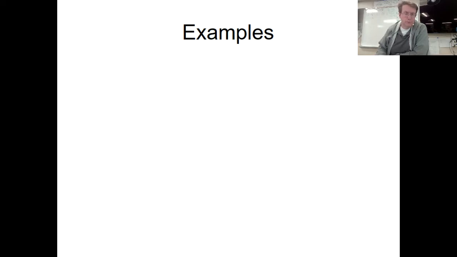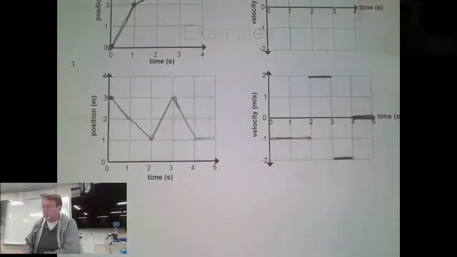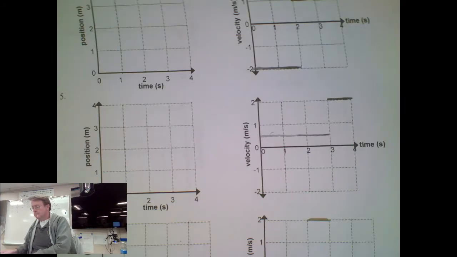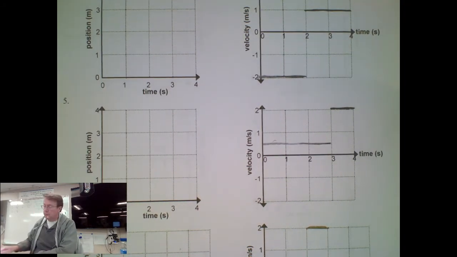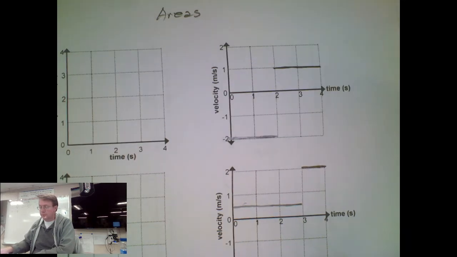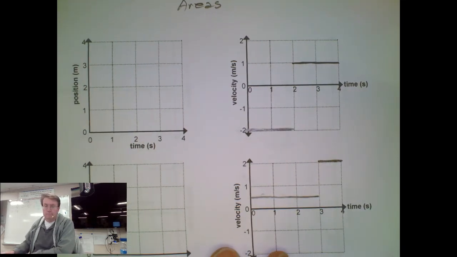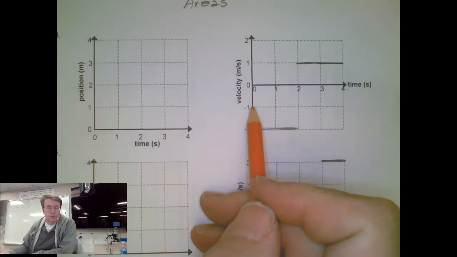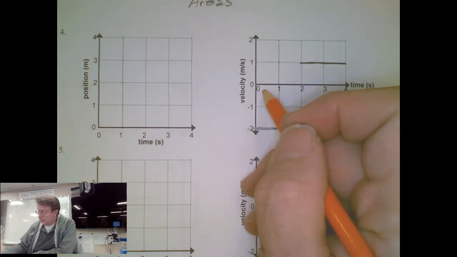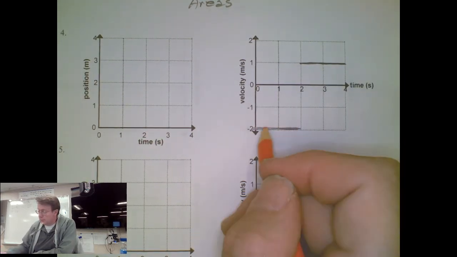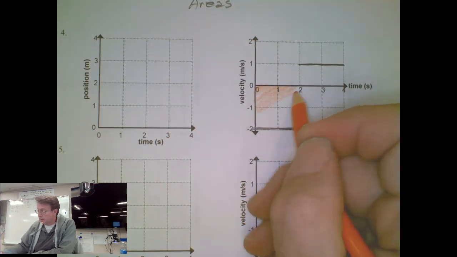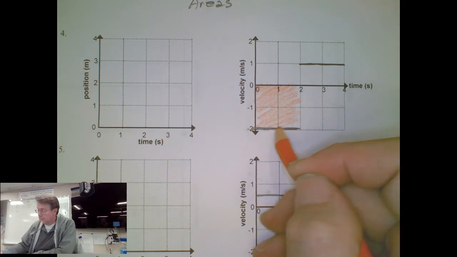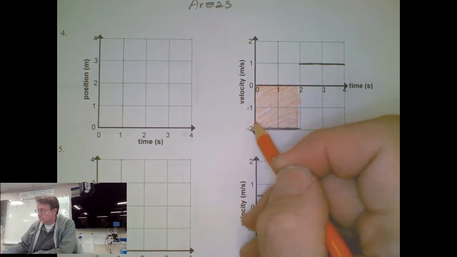So let's use this and do some example problems. So I'm going to be shading in areas and calculating how much they represent. So for the first example, I've got the plot at -2 for 2 seconds. So the area between the plot and the time axis is this.